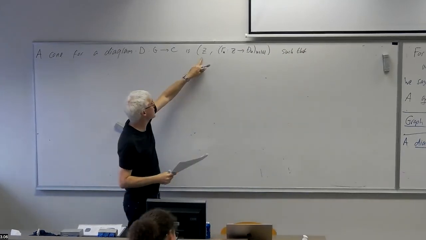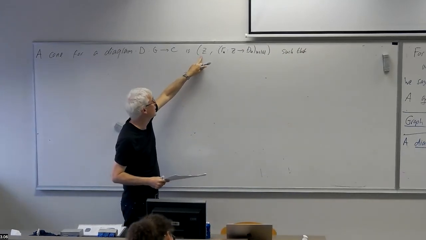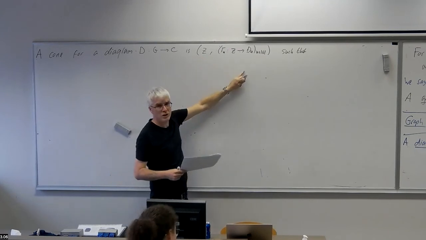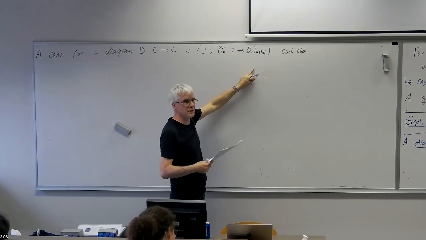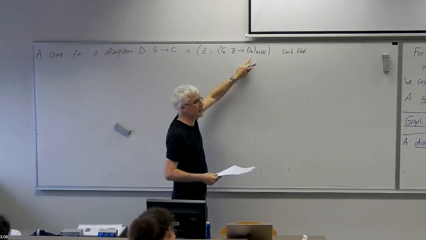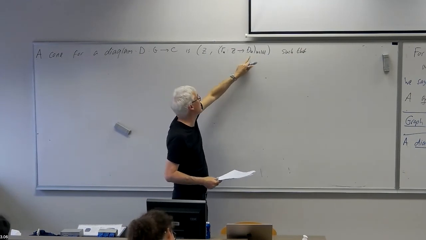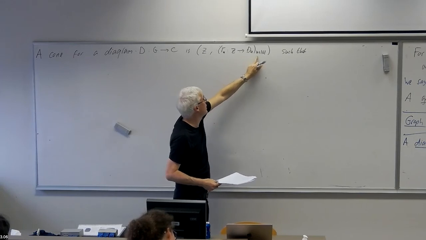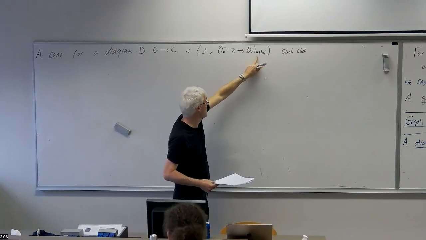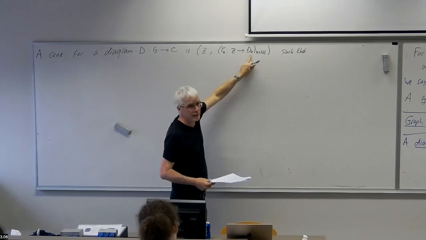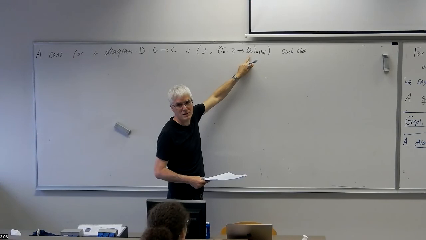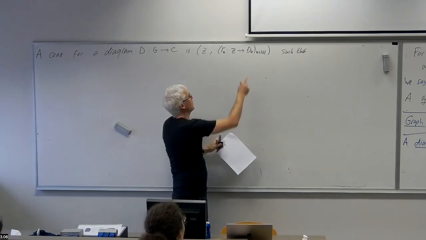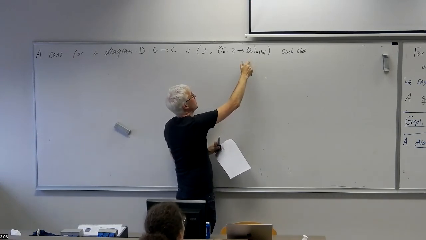well, the point is this is our vertex of the cone, and for each object in the diagram, the objects in the diagram are the objects labeling the vertices in the graph shape. So the vertices in the graph shape are the U, and each one is labeled by an object given by D0, but just like functors, with graph morphisms I'll just apply them to vertices and apply them to edges.